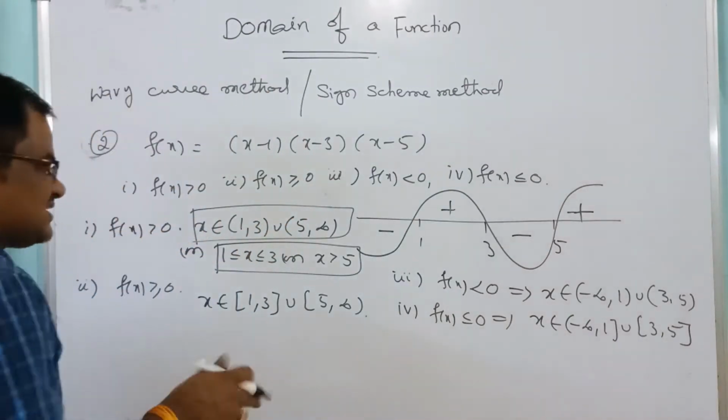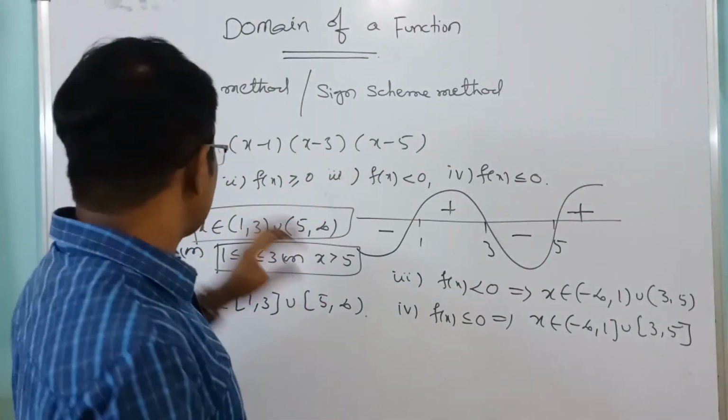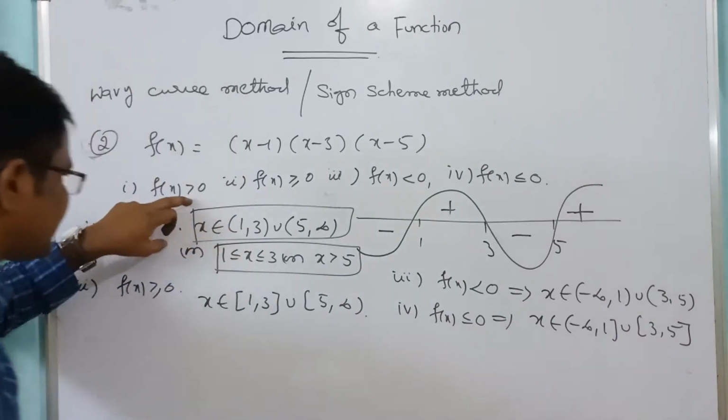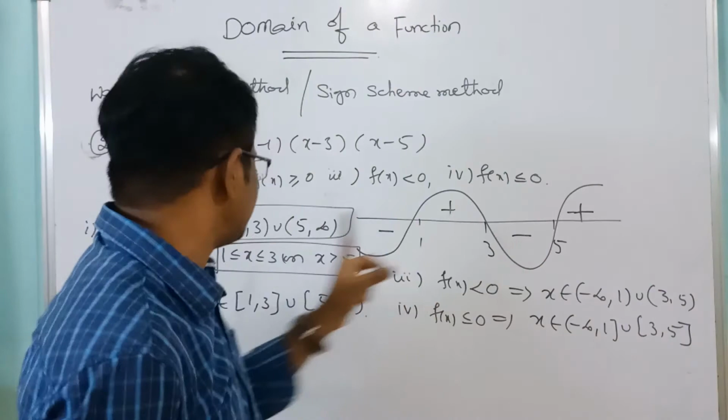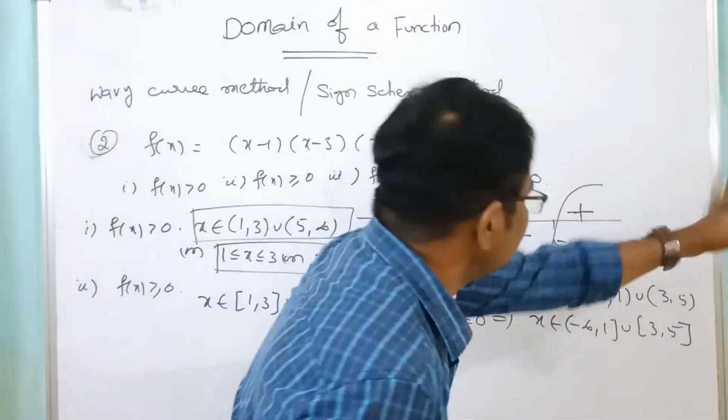Once again, listen. Here f of x greater than 0, when it is positive: 1 to 3 and 5 to infinity.